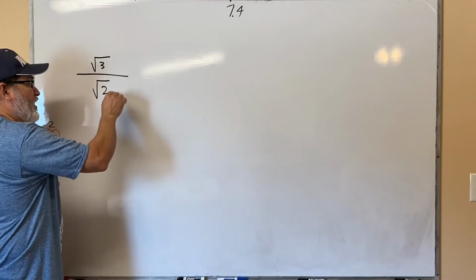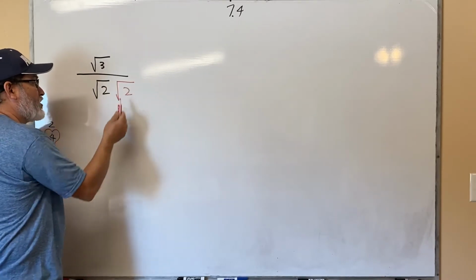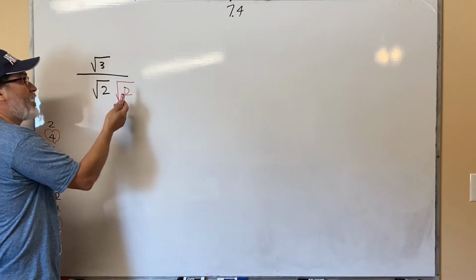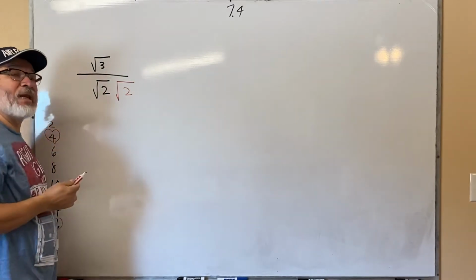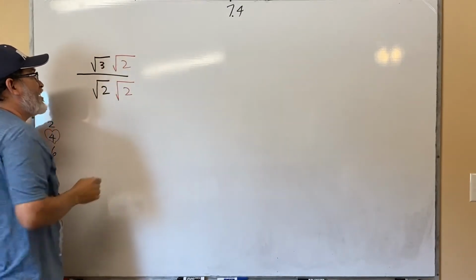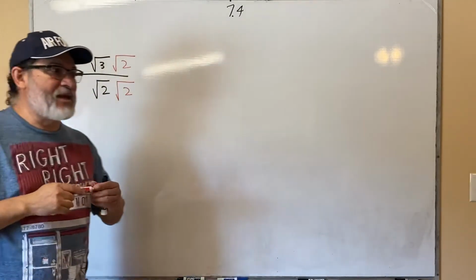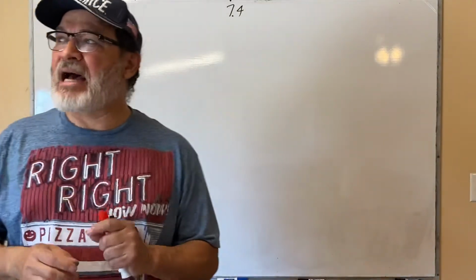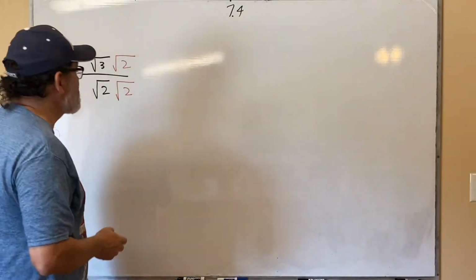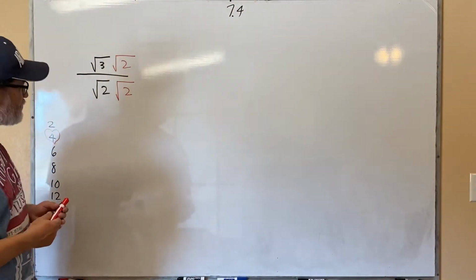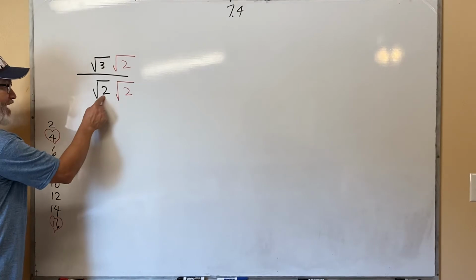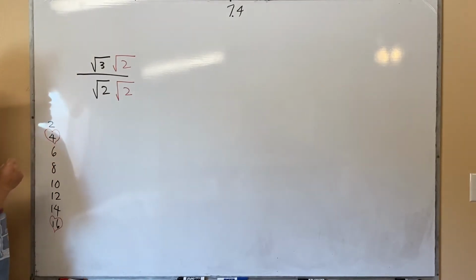If I multiply this by the square root of 2, that's going to become a 4 in the radicand. But if I'm going to do it legally, I've got to multiply this also by the square root of 2. If I don't do that, then I am not doing it legally. Gotta use the rules. My aim is so that the radicand becomes a 4.